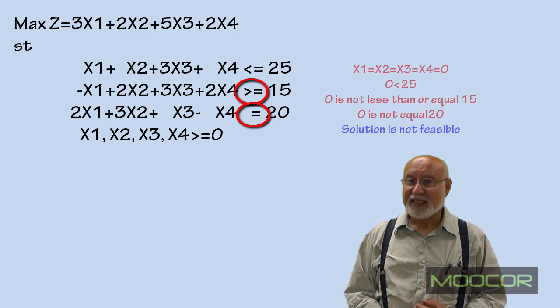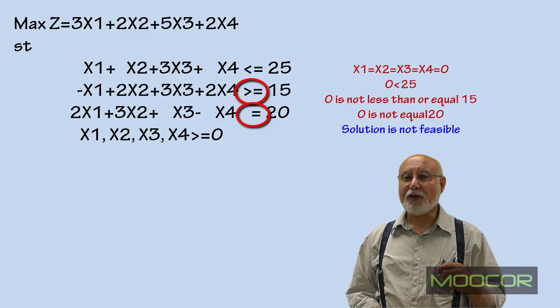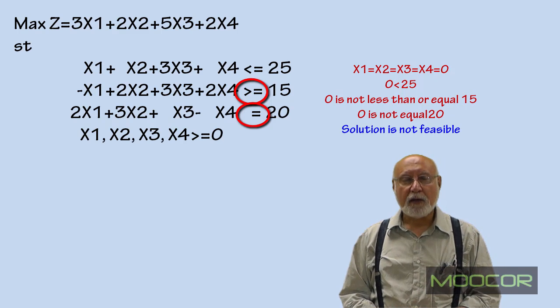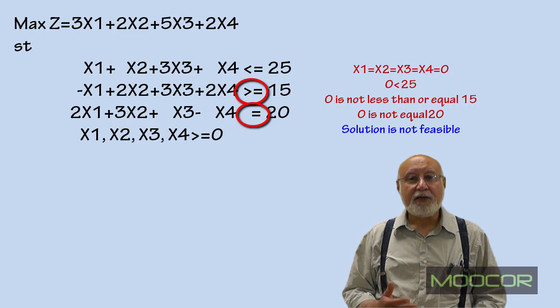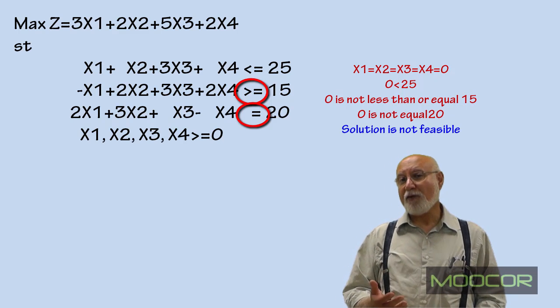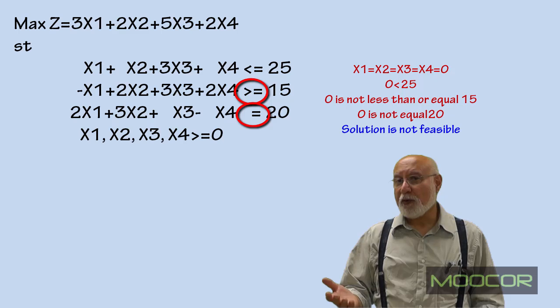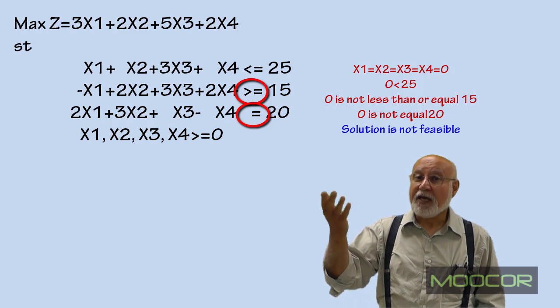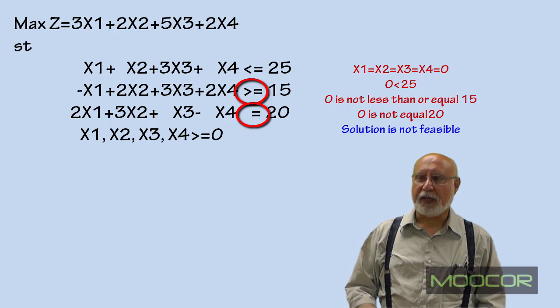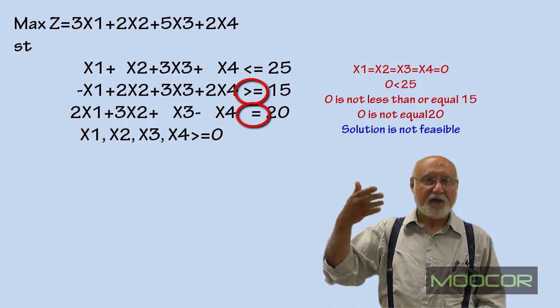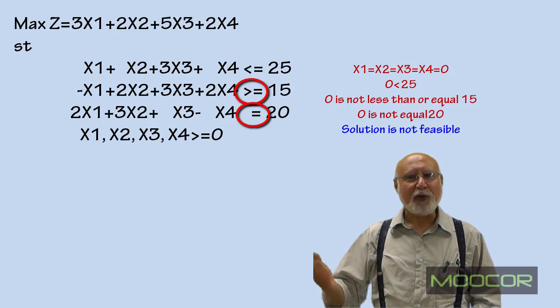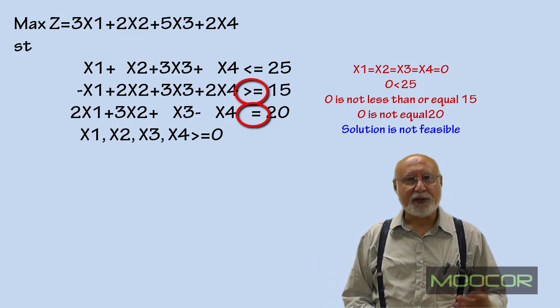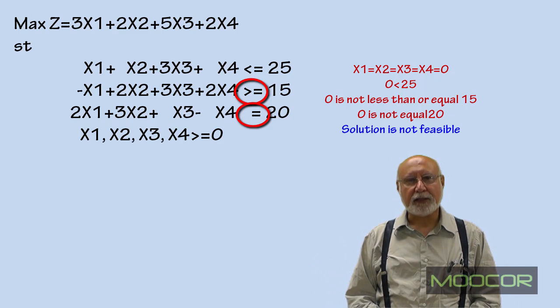In those cases, we cannot start immediately from the origin. So these two techniques would allow us to start from the origin and then move towards a feasible extreme point. And the moment that we are on a feasible extreme point, then we can continue the regular Simplex method.